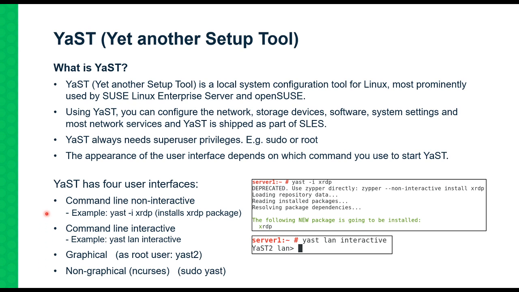When we look at our non-interactive version of the interface, we can give YaST a command to do an installation for us. So here we've done a yast -i to install a package called XRDP. This installs the XRDP package and it will look something like this. You will note that this command was run under the root user.